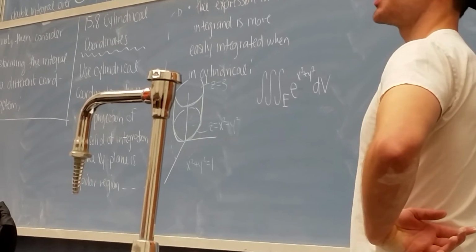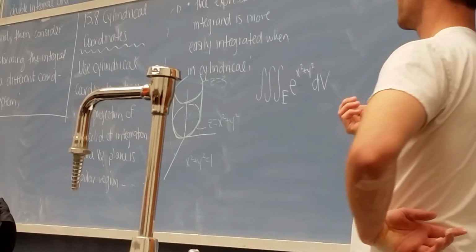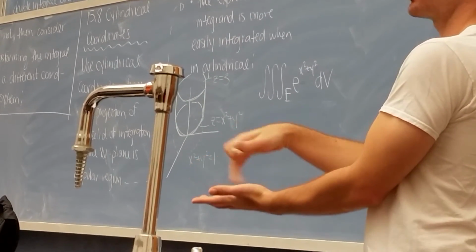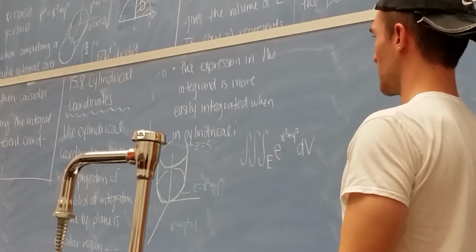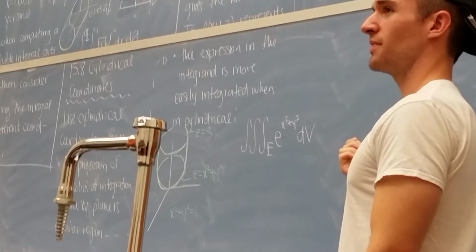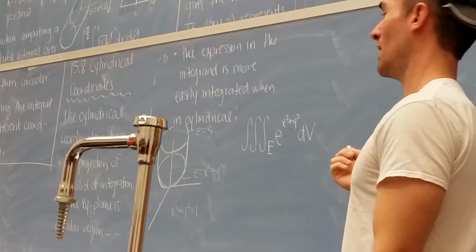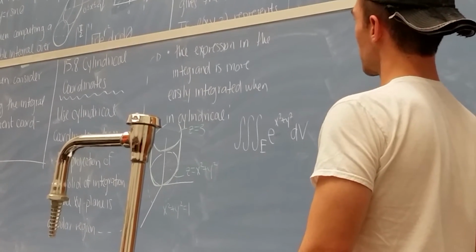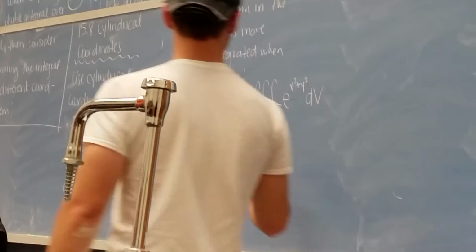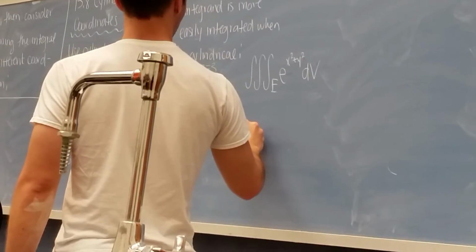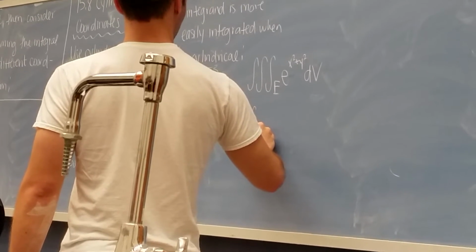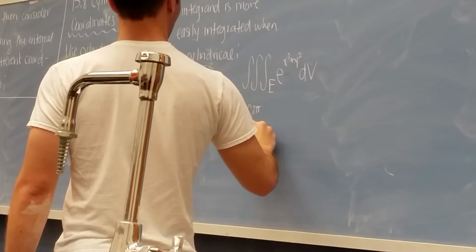So not only is the projection of the solid object in the xy plane a polar region, it's a solid disk, but also the expression inside the integrand is something you can't integrate with respect to x or y. And it's simplified when you use this cylindrical coordinate transformation.